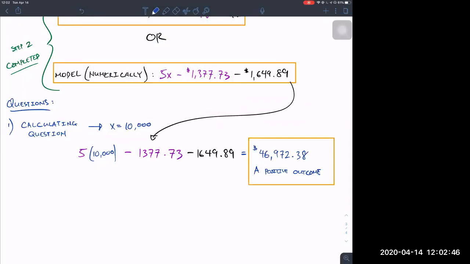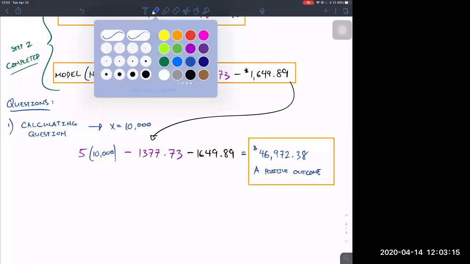Let me just double check this now. I don't trust myself. 50,000 minus 1377.73 minus 1649.89 is 46,972.38. Yeah, that's good. It gives you a profit of nearly $47,000 and it's a positive outcome.